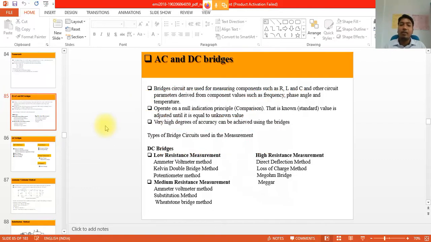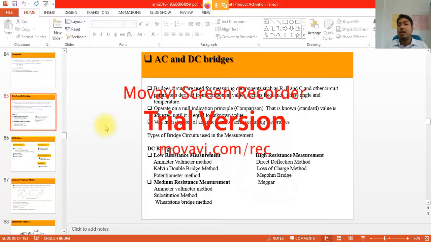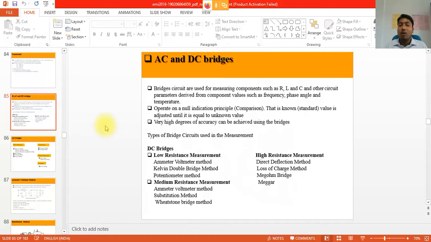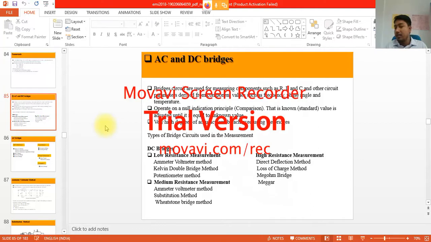So there are many methods available to measure the resistances, inductances, capacitances and other derived parameters. To measure resistances, basically resistances are classified in three categories. First is low resistance measurement.